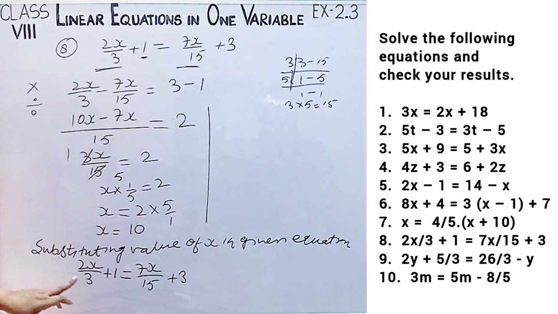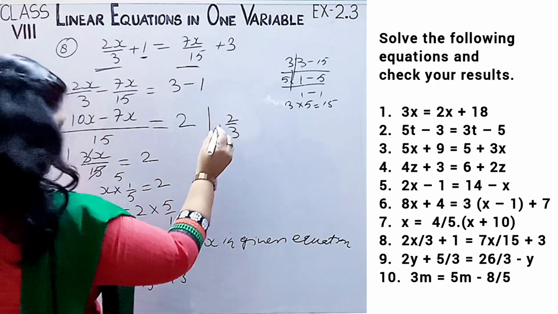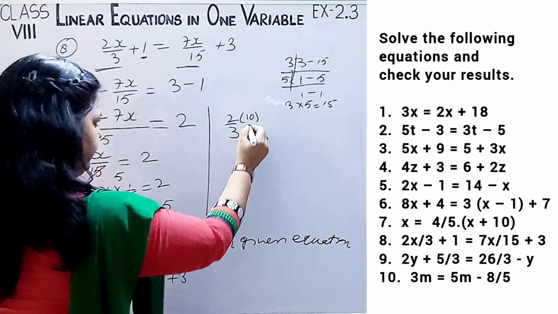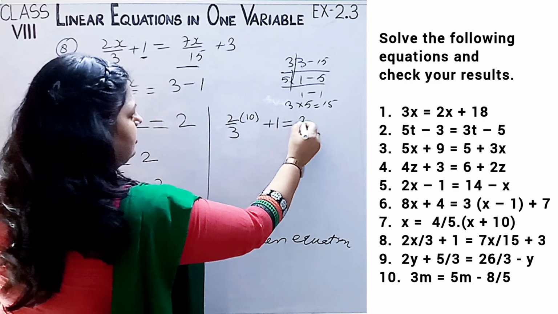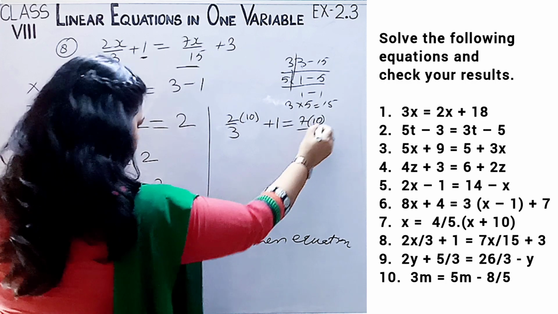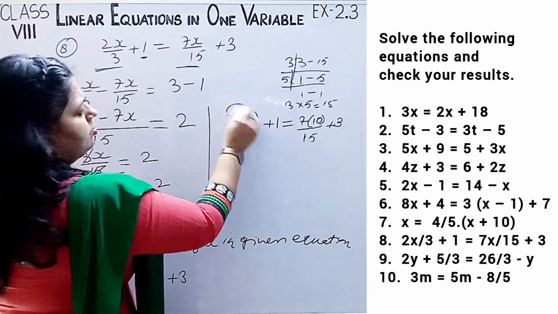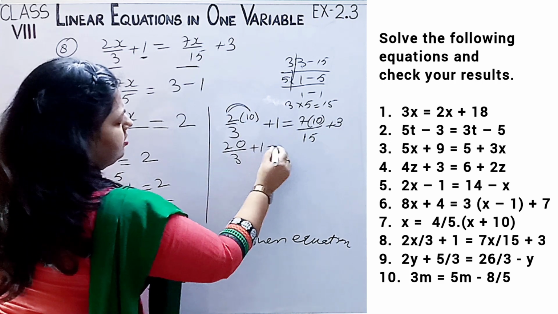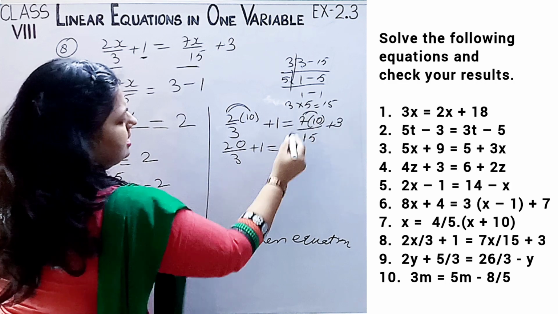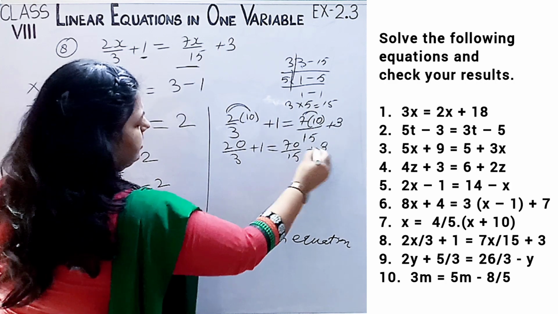Now putting the value of x here, 10: 2 times 10 upon 3 plus 1 equal to 7 times 10 upon 15 plus 3. 2 tens are 20 upon 3 plus 1 equal to 10 sevens are 70 upon 15 plus 3.